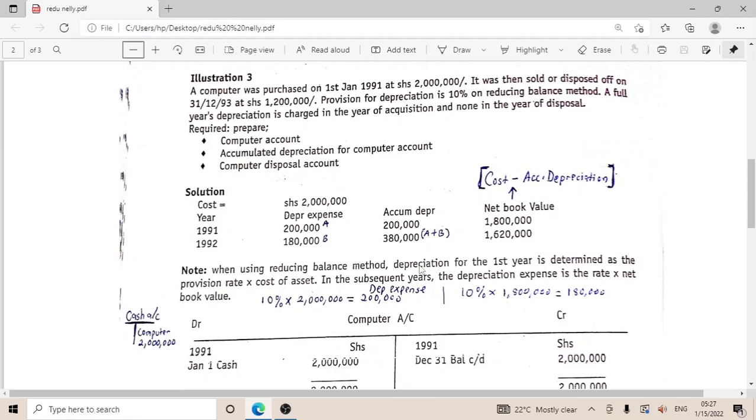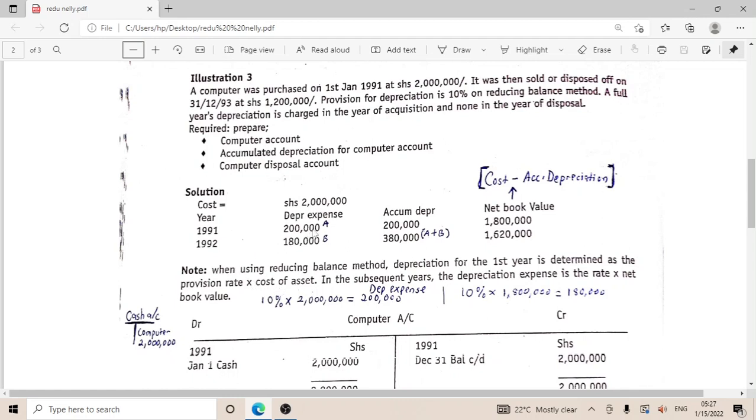When using the reducing balance method, depreciation for the first year, 1991, is determined as the provisional rate. What was our provisional rate? The provision for depreciation, which is 10%, times the cost of the asset, which was 2 million.